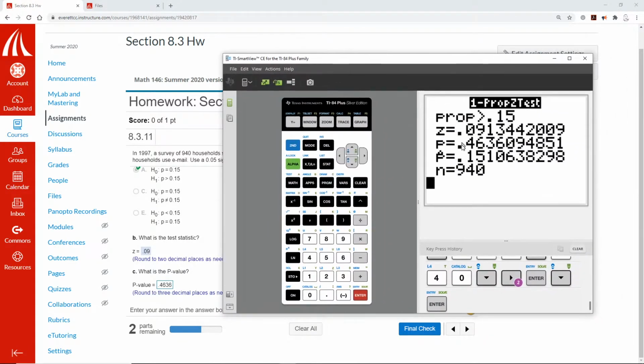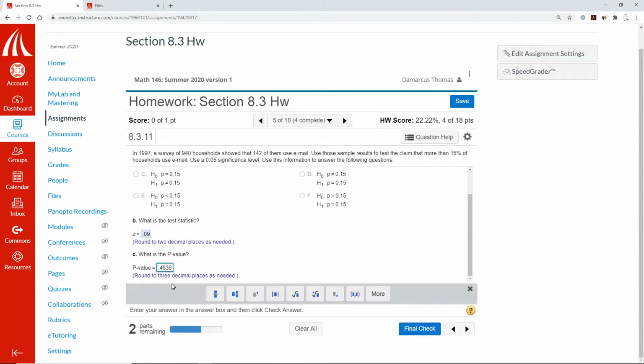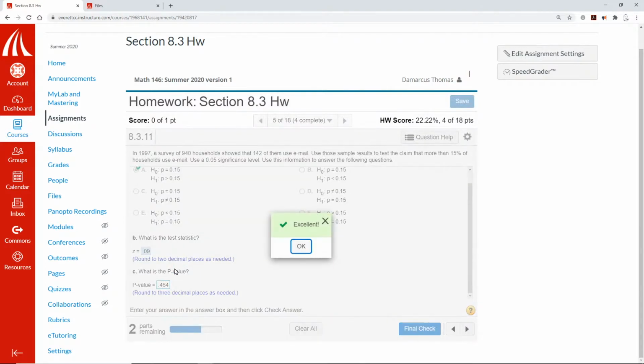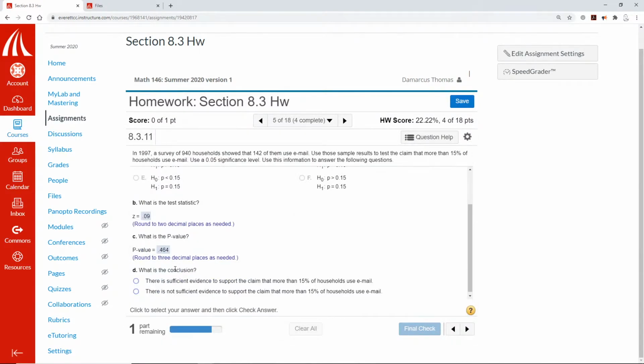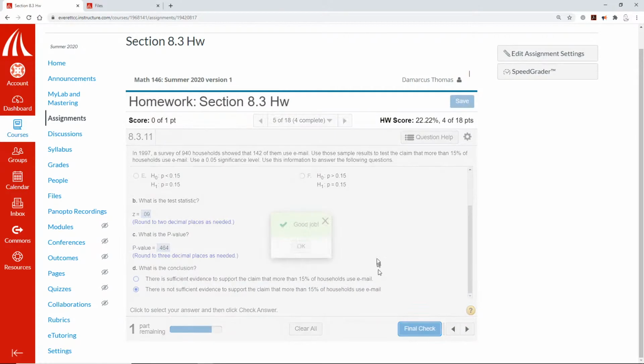Okay, so 0.464, just 3 places, not 4. What's the conclusion? There is not sufficient evidence to support the claim that more than 15% of households use email.